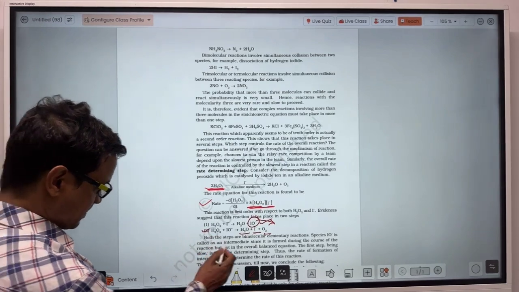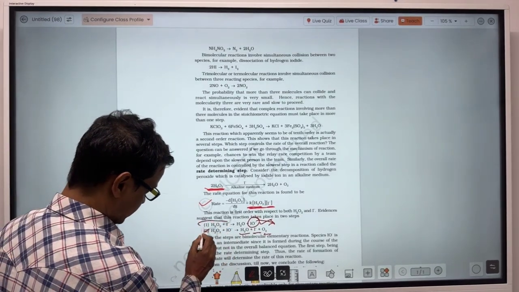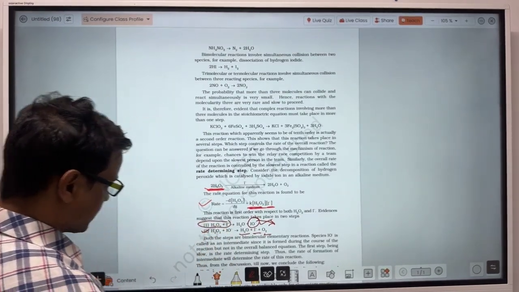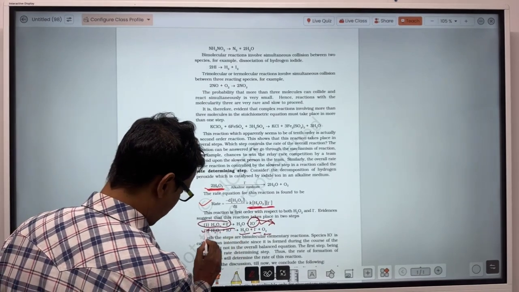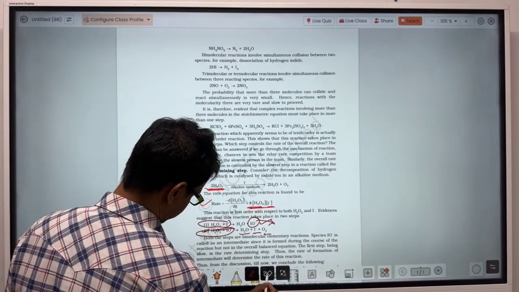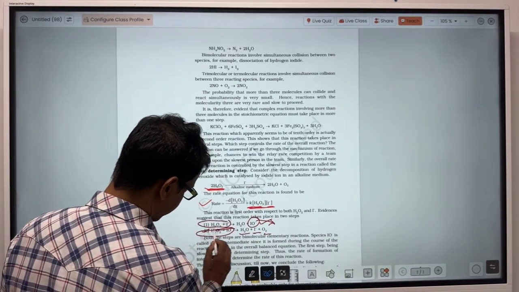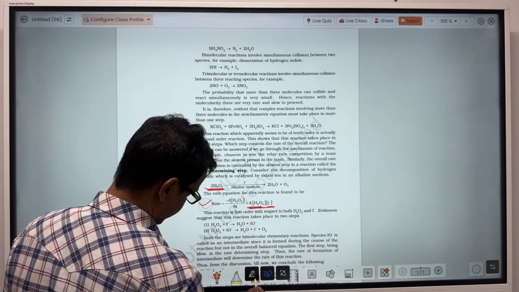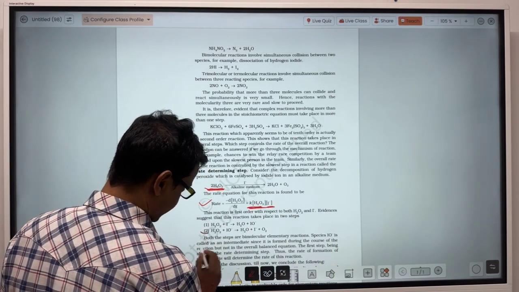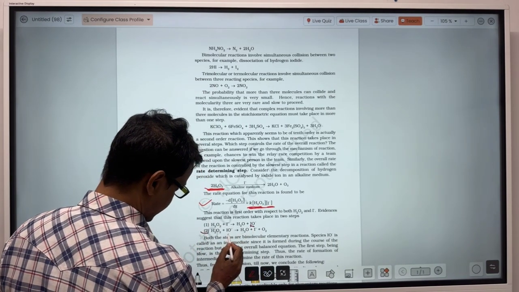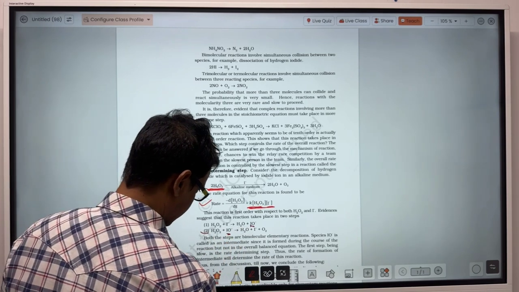In both the cases, the first step is an elementary reaction and the second reaction is also an elementary reaction. In the second step, the intermediate IO minus is reacting with hydrogen peroxide.